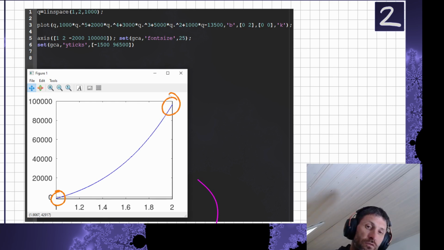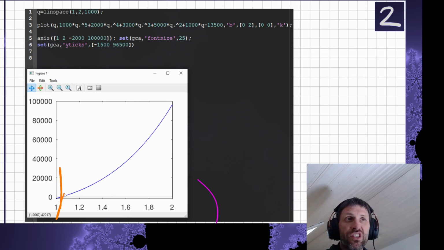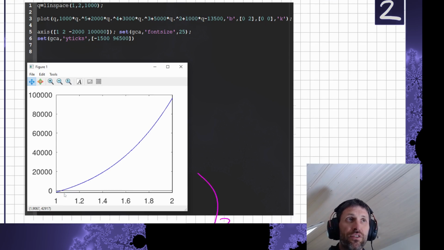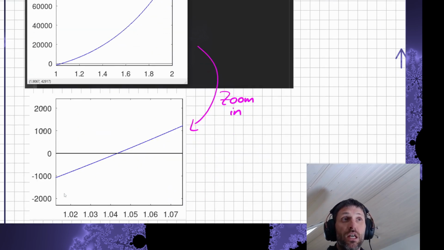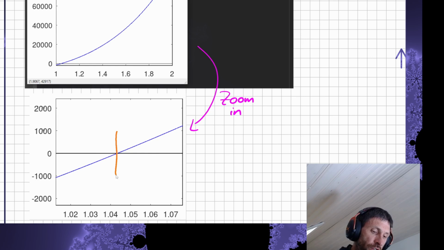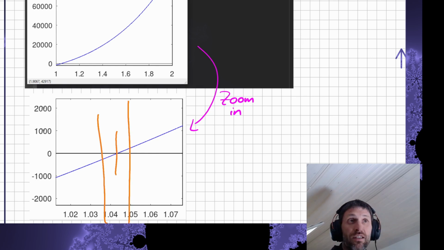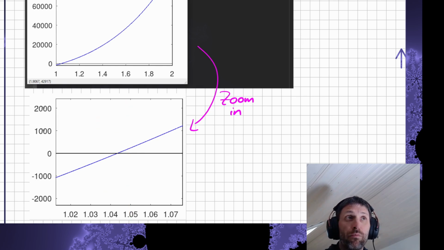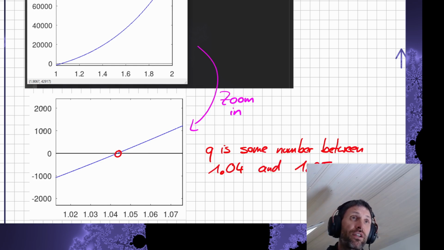And now we want to find this position. Okay, this will be possible. This is a good situation, and we will find satisfying answers in that situation. And if we do it by calling MATLAB or Octave, we can zoom in, and then we learn the root is somewhere between 4 and 5%. Okay, and here it's very easy to do that job.